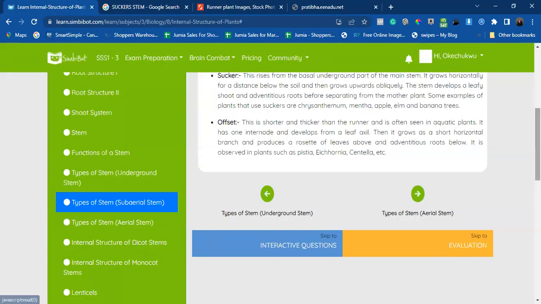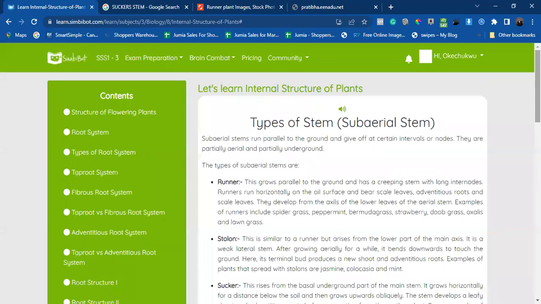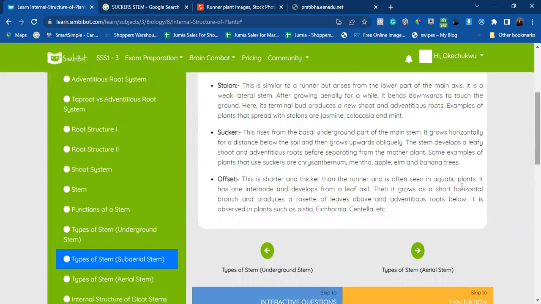So just take note. Under the underground stem, we have the tuber, the bulb, the corm, the rhizomes. Then under the sub-aerial, they run parallel to the ground, very close to the ground, right? We have the runners, the stolon, the sucker, and the offset.